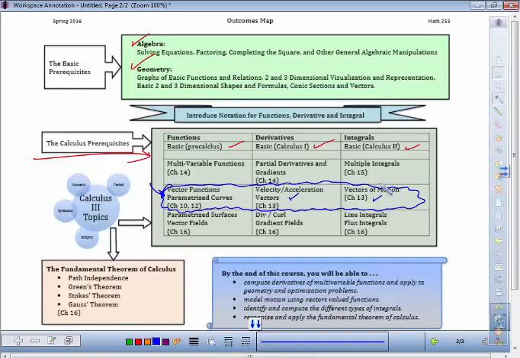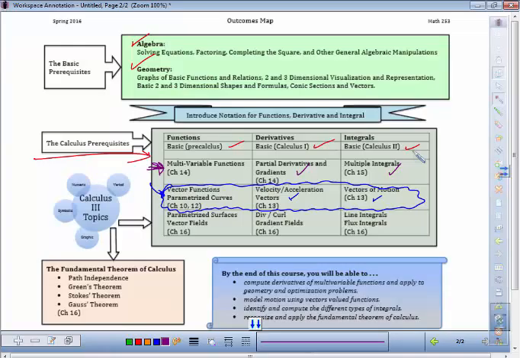So today we begin with our multivariable functions. And we're going to take derivatives and integrals of multivariable functions.